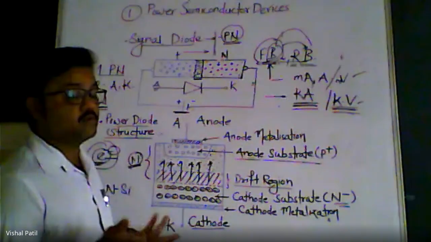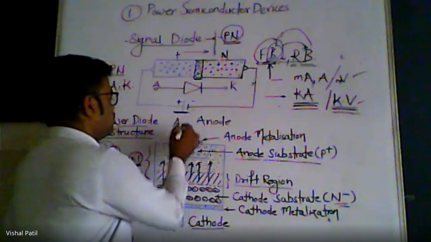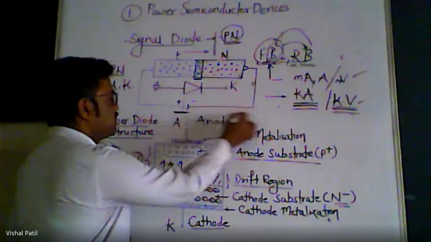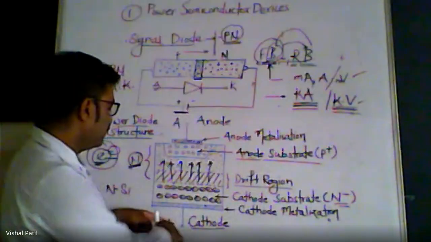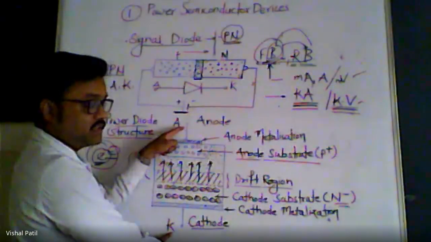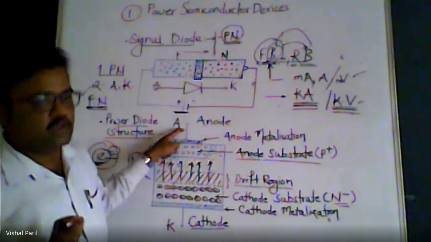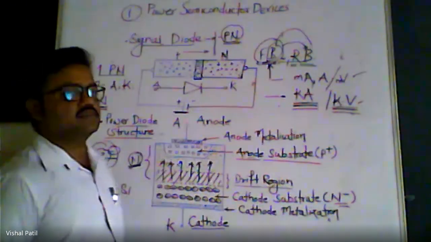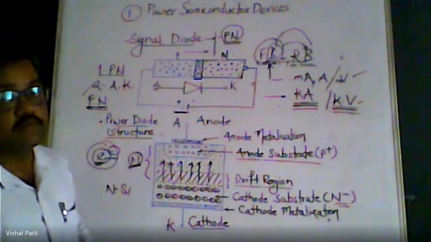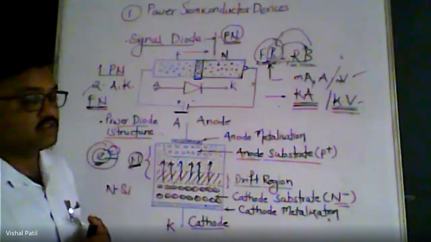The current conduction will be monitored by the voltage across anode to cathode, so what happens to the current if we change the voltage? That is the VI characteristic of the power diode. The other type is the reverse recovery characteristic.